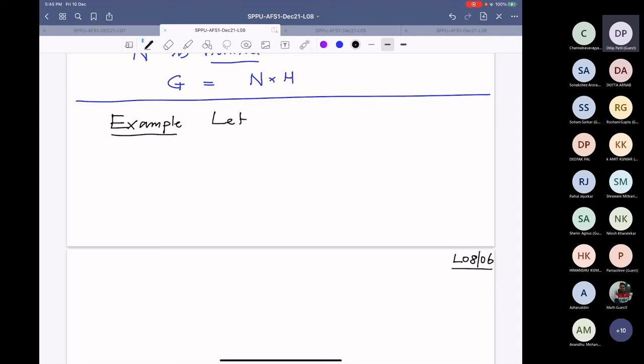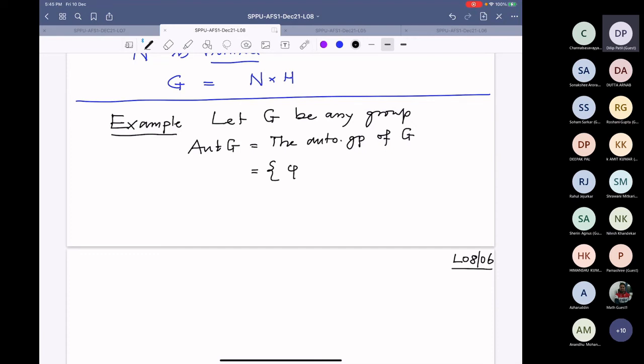Let G be any group, and look at the automorphism group also. This is the automorphism group of G. So the elements of this group are precisely the automorphisms phi, such that phi is a map from G to G. It's a bijective map and a group homomorphism.